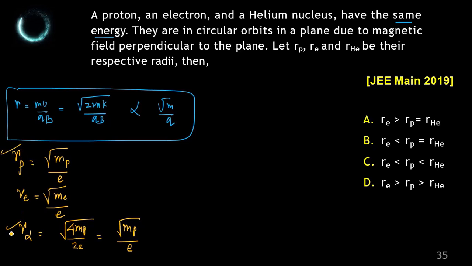So R for proton and alpha particle are both equal. Now regarding the radius of the electron, it is less. So R_e is less than R_p equals R_alpha, which is option B.